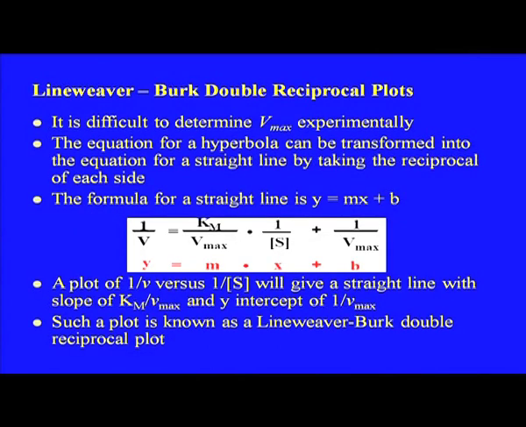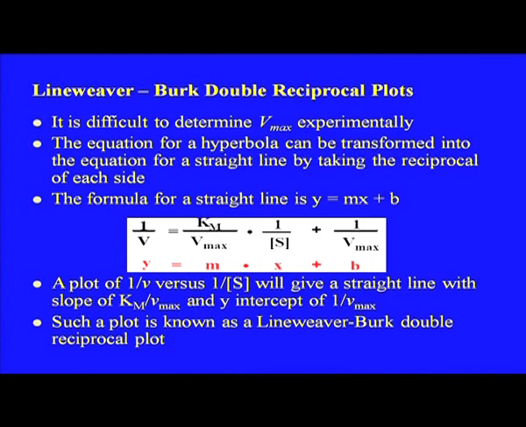So, this equation, as I told you, is a hyperbolic equation. Okay. I told you that it is non-linear, different from a parabola, of course, and it is a hyperbolic equation. So, therefore, it is difficult to determine Vmax experimentally.